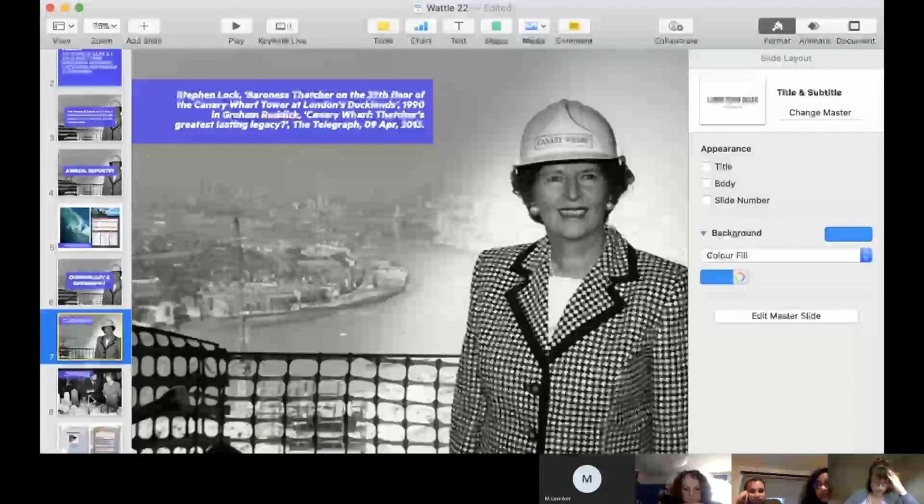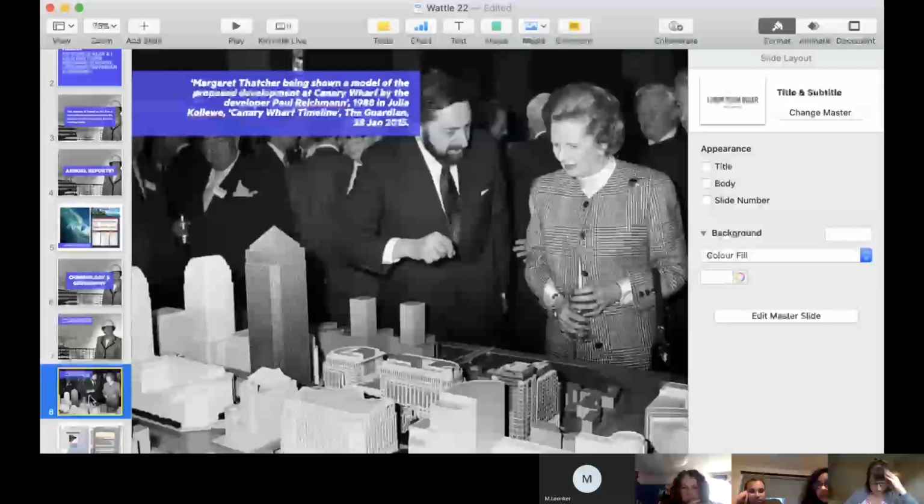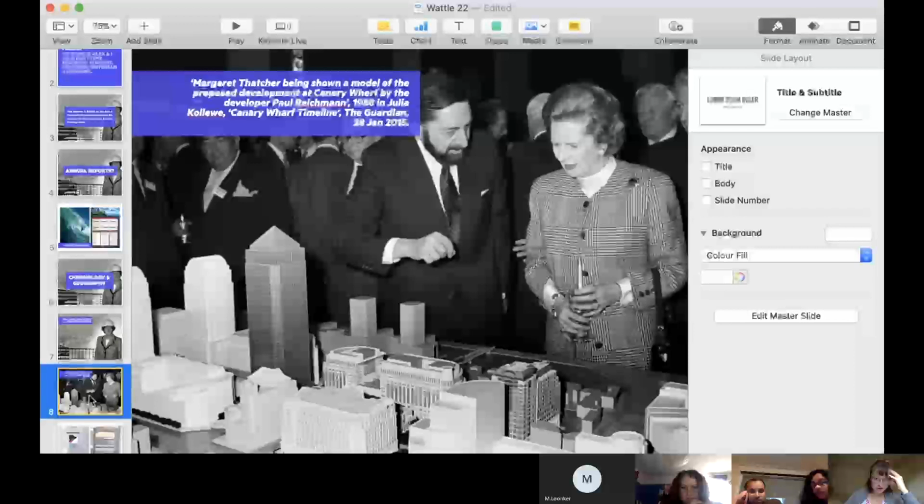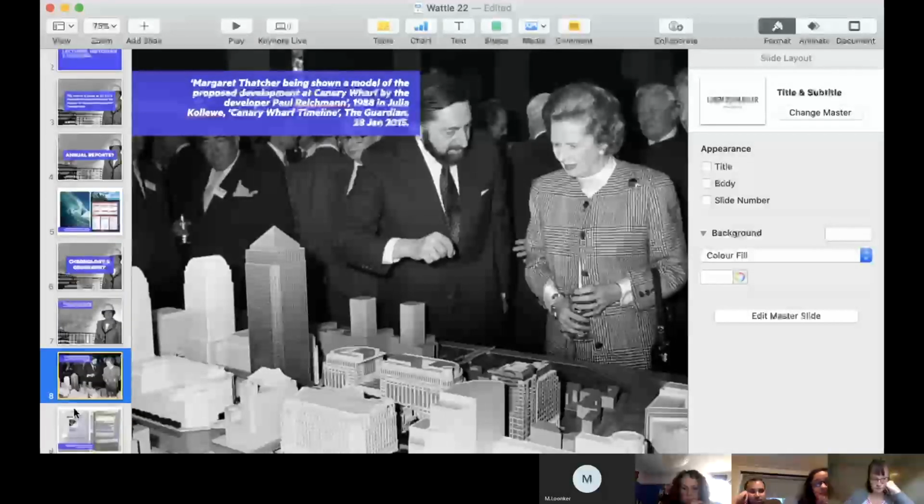Canary Wharf, so here's a little mini model, was built throughout the 1980s and 1990s as an expansion of the financial city. Both this image and the one before epitomise the important economic shift that occurred throughout the 1980s and 90s, when the UK changed from a manufacturing-based economy to a service economy.